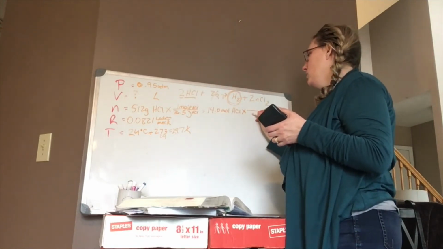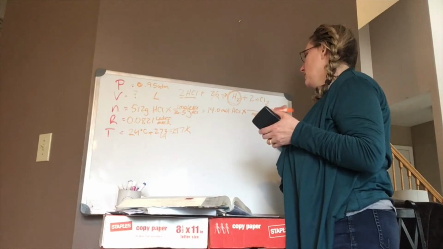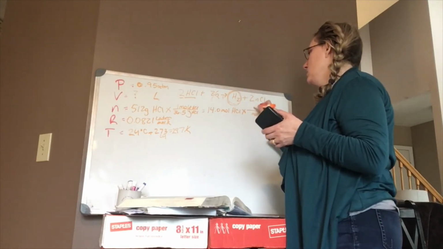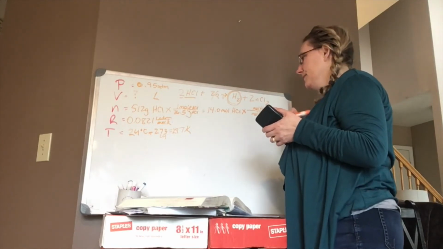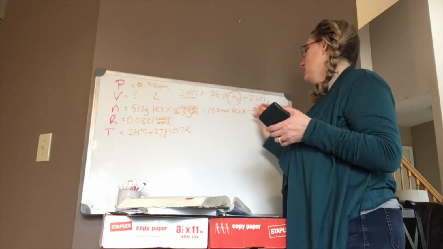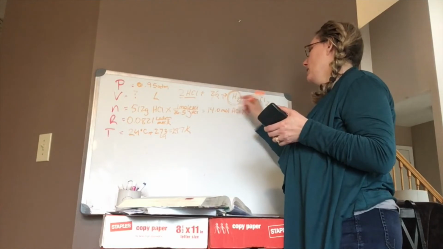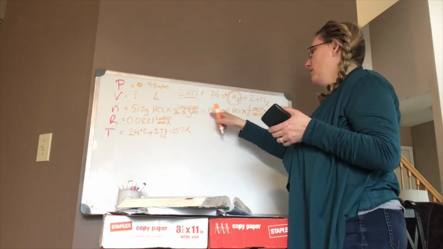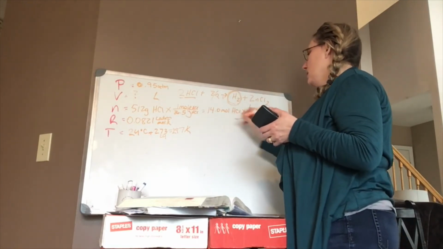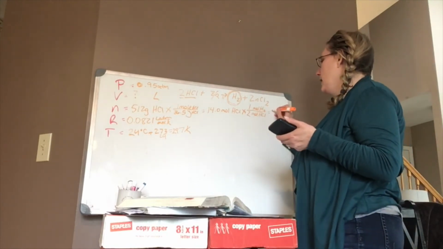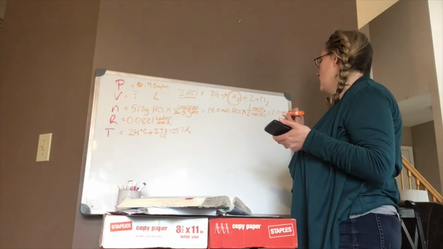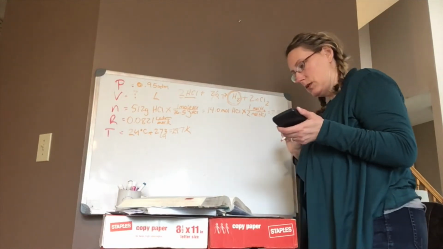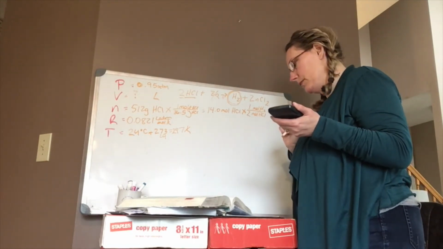I want my moles of HCl to cancel out on the bottom and go to moles of H2 gas on the top. For every 2 of these, I get 1 of these, so I'm just going to divide this in half. 14 divided by 2 is 7.0 moles of H2. Okay, did I lose anybody there?